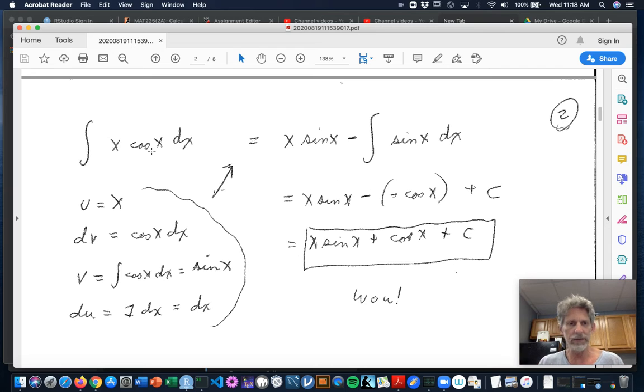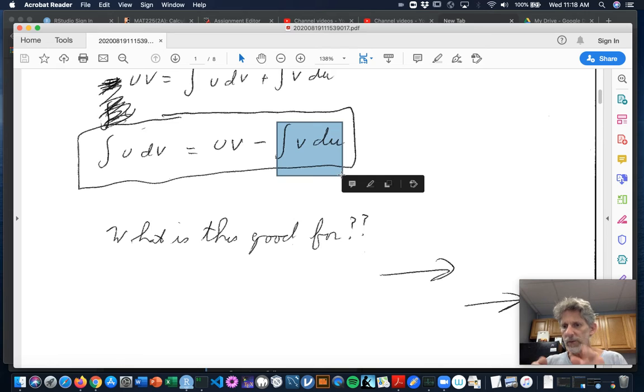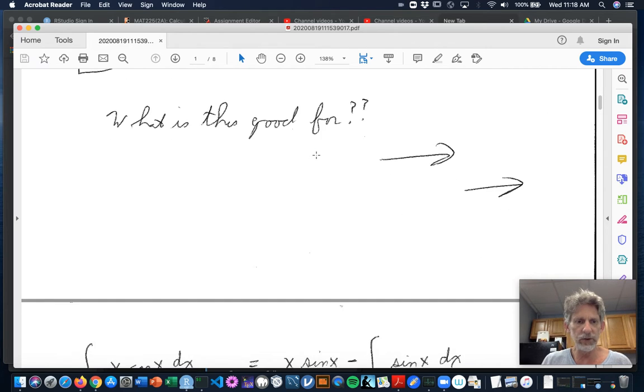You just can't do that. But what if you could recognize this as this somehow? Then you could say it's this, and you could hope that this remaining indefinite integral is easier to find. Let's see if we could do that.